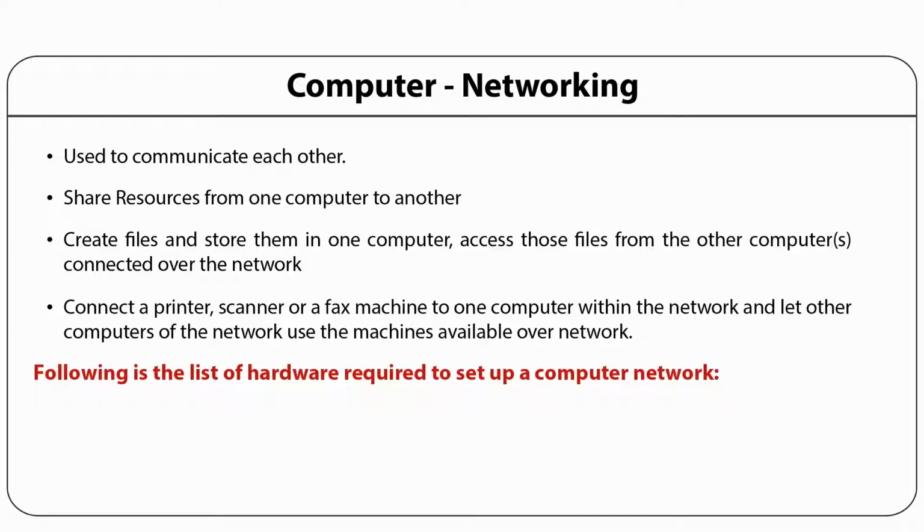What is the requirement for setting up such a network? The minimum requirement includes cables, router, network interface cards, switches and hubs. So a computer network is a system in which multiple computers are connected to each other to share information and resources. This is basically to communicate and share resources in different manner.